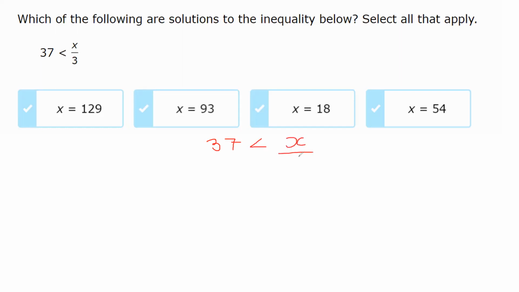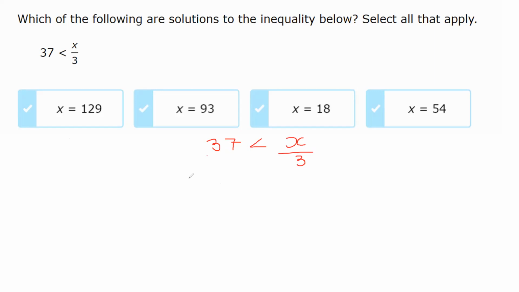So x over 3. What we could do is multiply, because we just want to get rid of the 3, right? So we could multiply both sides by what? 3. So let's do that. Let's multiply both sides by 3.